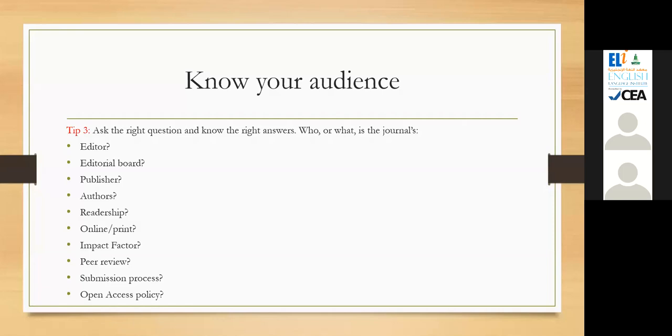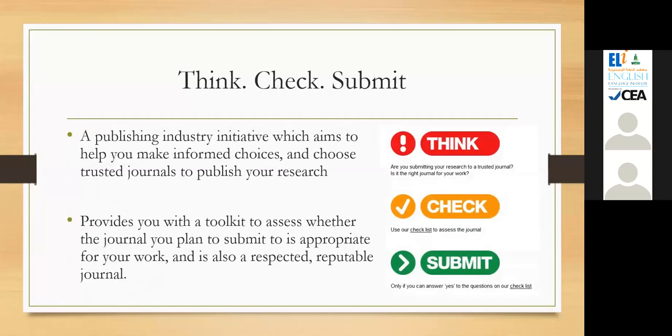I will explain this thoroughly as well. Since we are starting with the process of thinking, I want you to see this process: think, check, and then submit. So we have to think first. This is a publishing industry initiative which aims to help you make informed choices and choose trusted journals to publish your research.